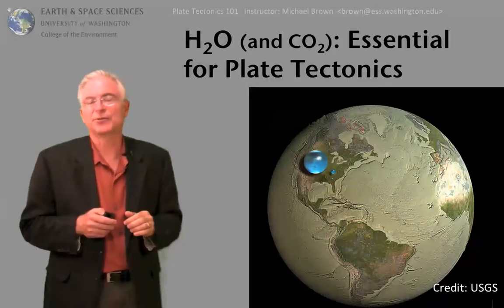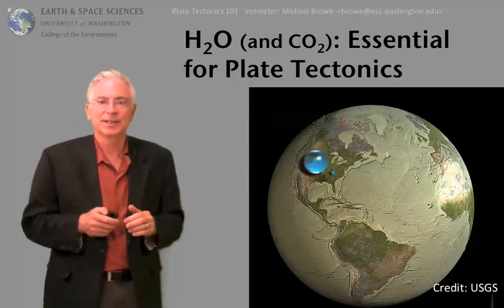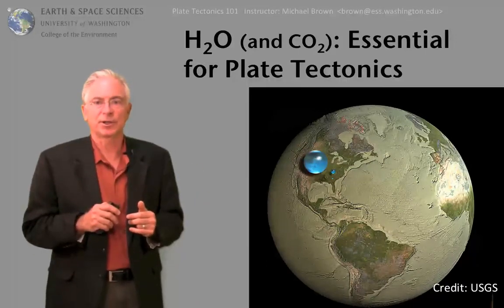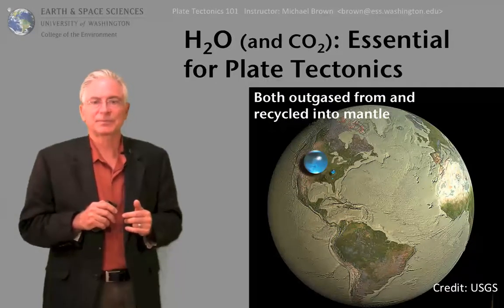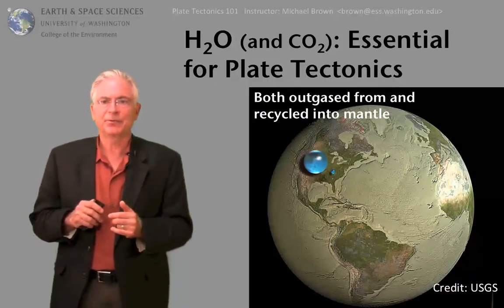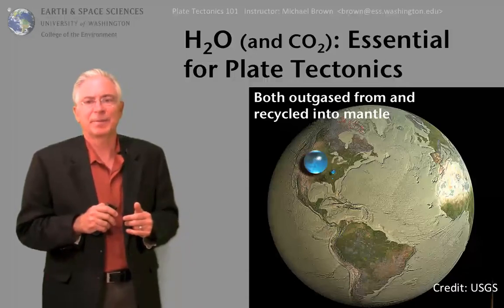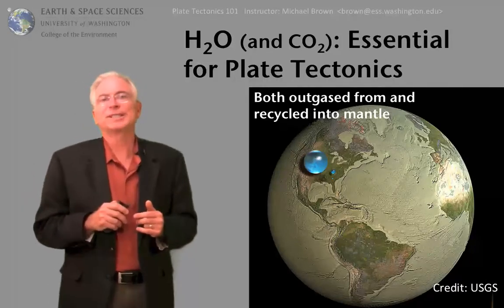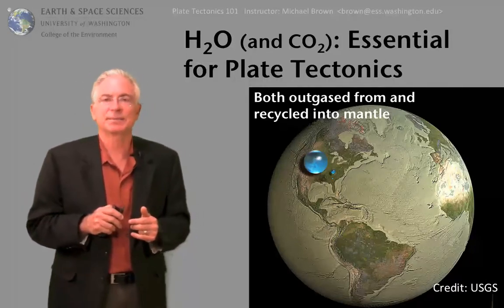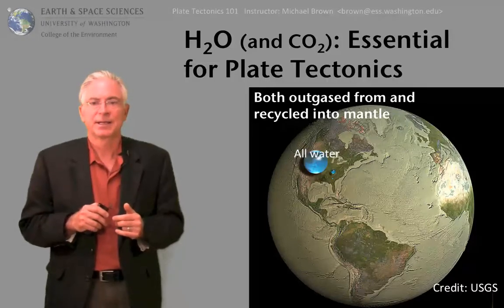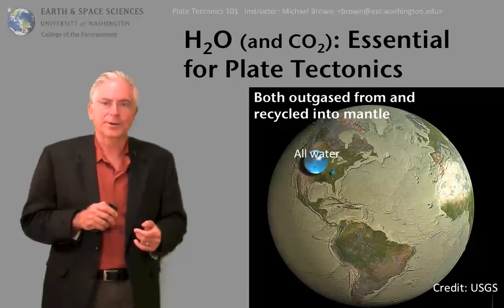And so we've just set that over the mid-US in this image. That's all the water there is on all of Earth. Now that water came from outgassing from the mantle, and that water is being recycled into the mantle by the subduction process.